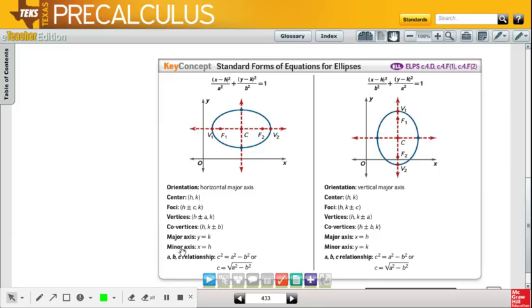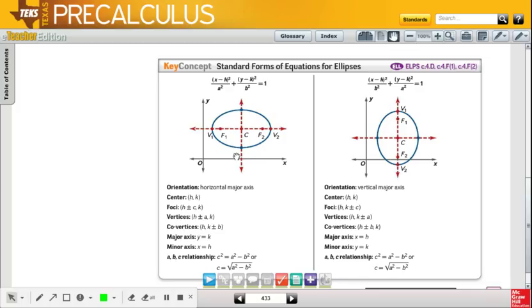Once you know which standard form to work with, you're able to use the correct formulas, especially for foci, vertices, co-vertices, major axis, and minor axis.